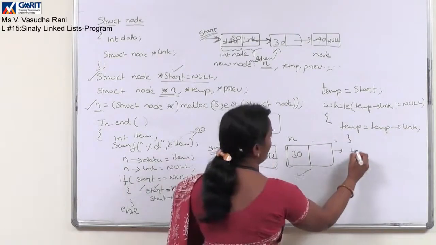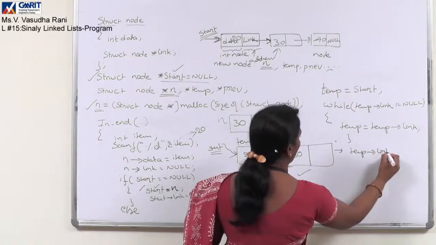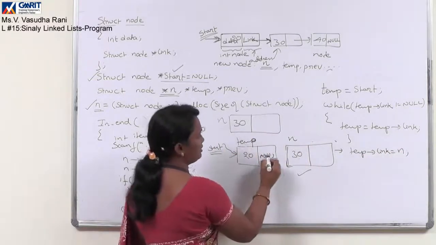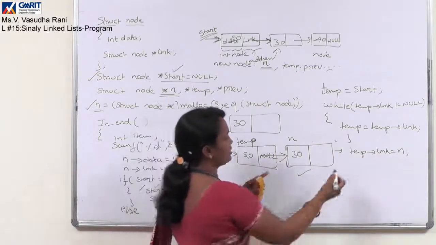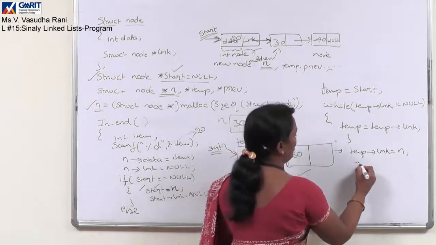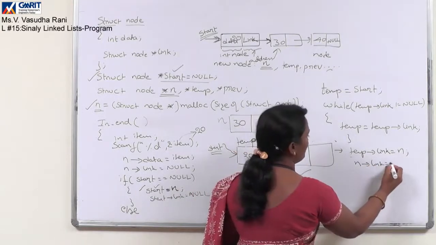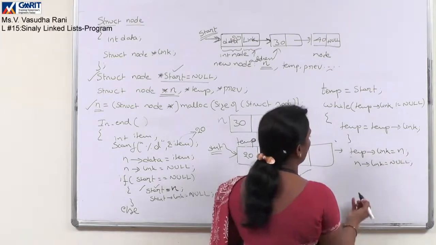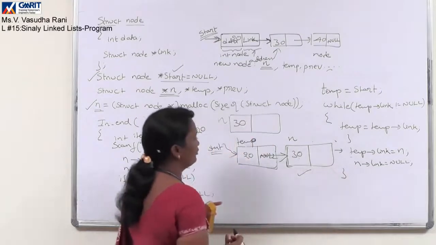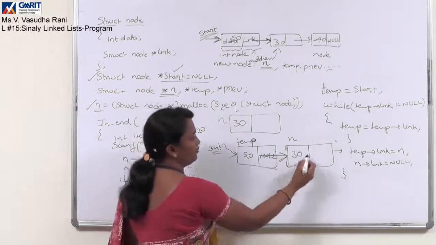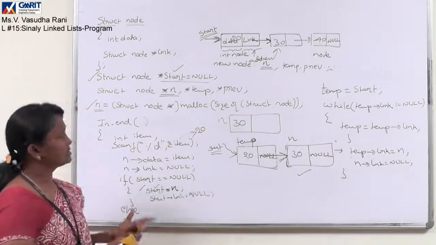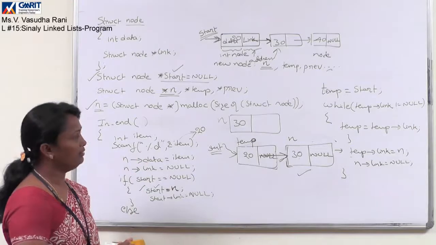So temp's link should be connected to n, so it is temp link equal to n, and n's link should be made null. So with this we could make this, and this will be our null. So this is how you can do insert at the end.